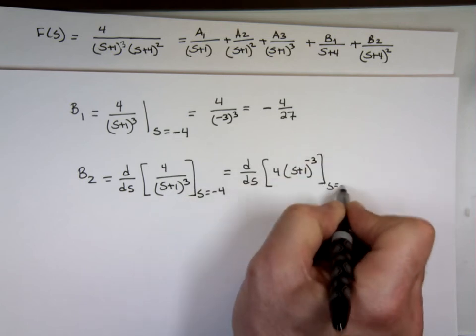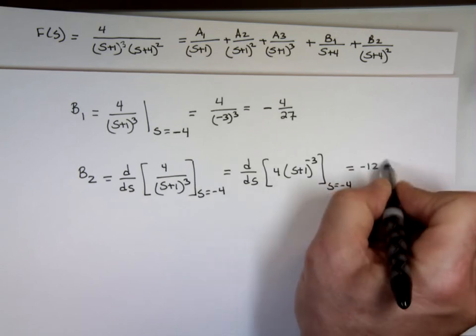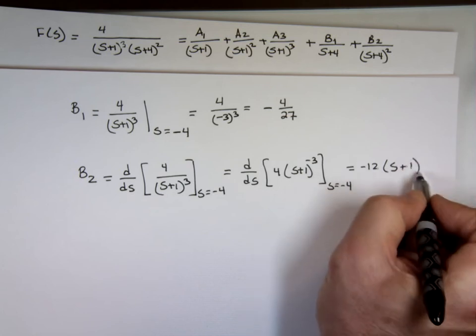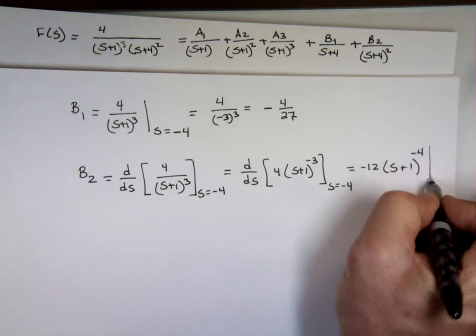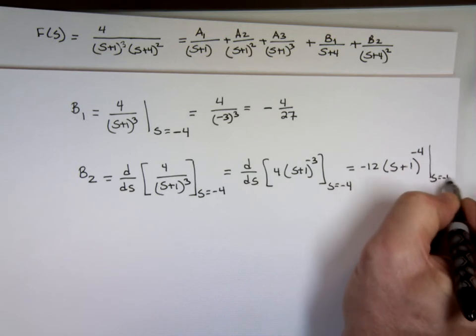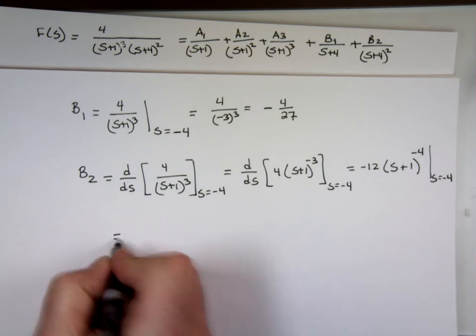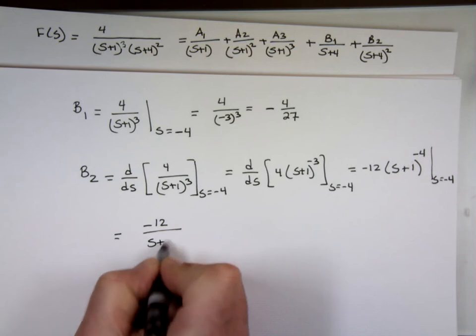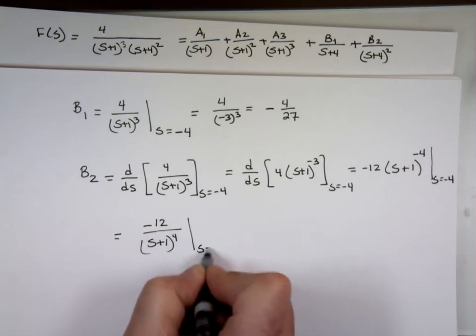Let's take the derivative now. That's negative 12 over (s plus 1) to the fourth power when s equals negative 4.